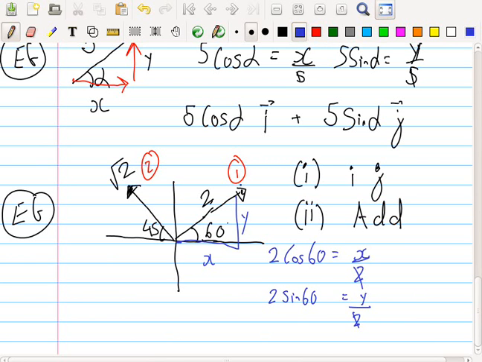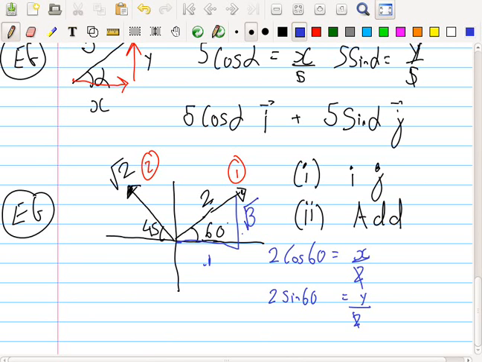Now, 2 cos 60 is 1, isn't that right? And then 2 sin 60 is root 3 over 2, isn't it? No, just root 3.